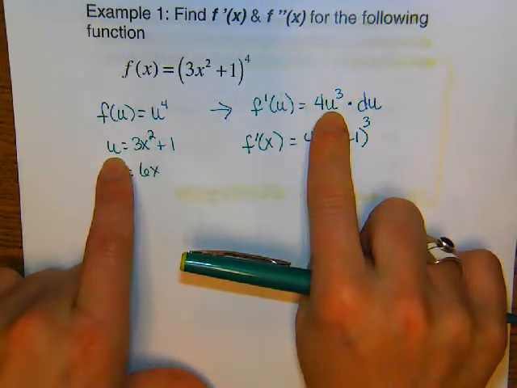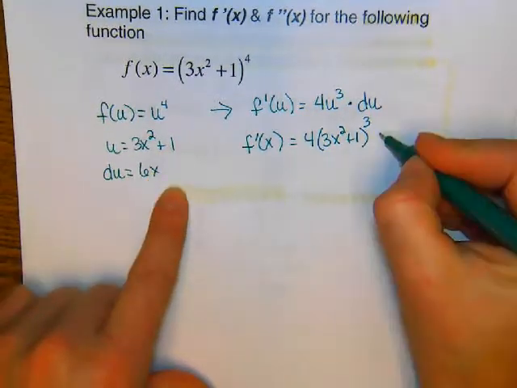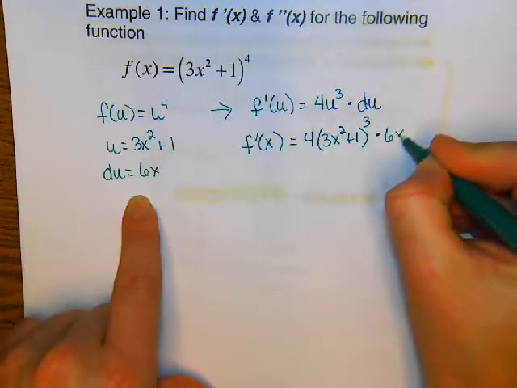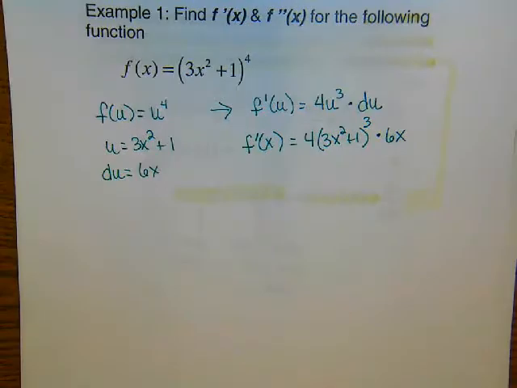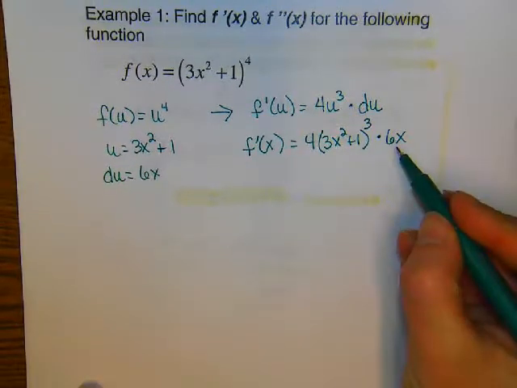I'm just subbing in u. Do you guys see that? Times du, what is it? Times 6x. Okay. Is there any way that I could simplify that? Oh, the multiplying out business?